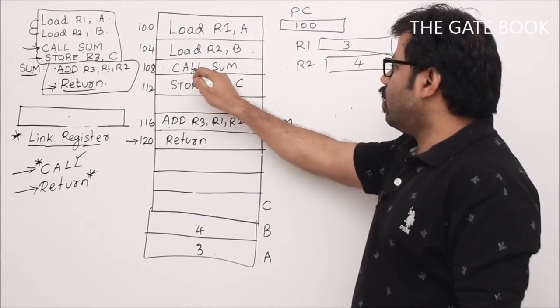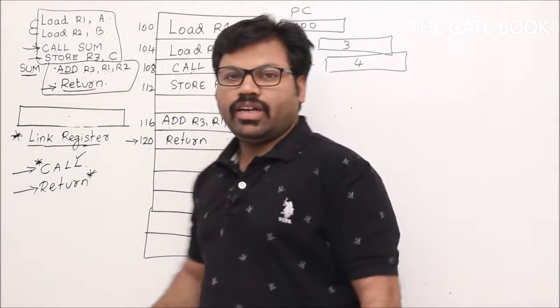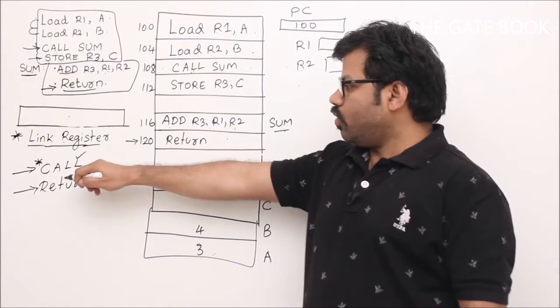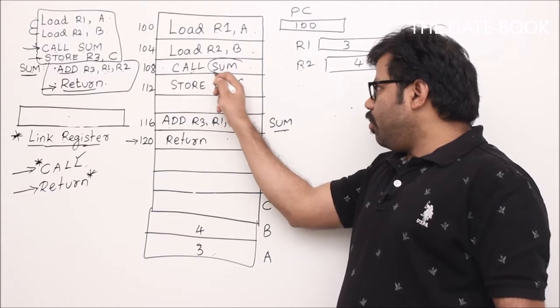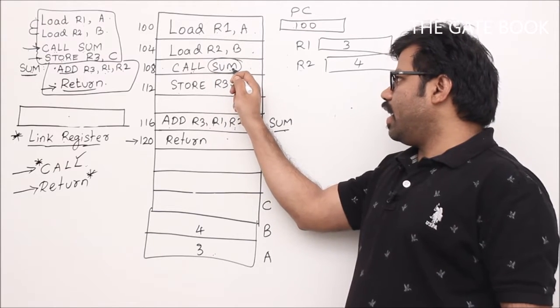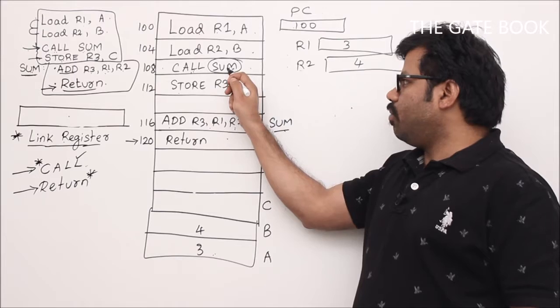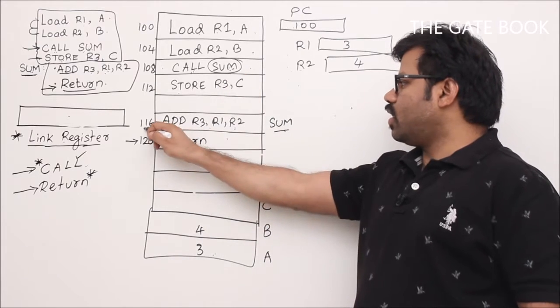Then next, call. Whenever the call instruction is executed, I will tell you the functionality. Automatically we go to the memory address where this label is mentioned. Example, sum is mentioning that go to 116, correct?